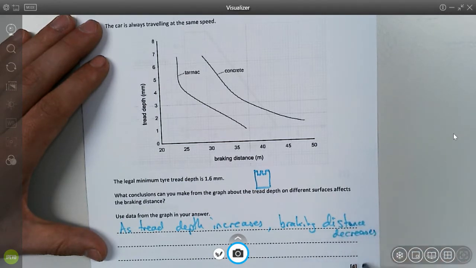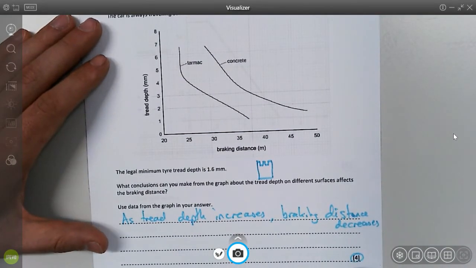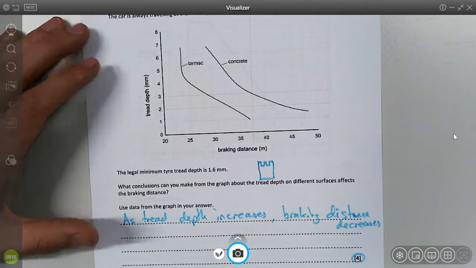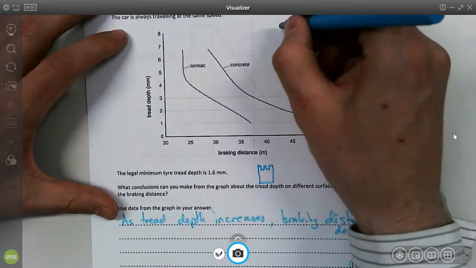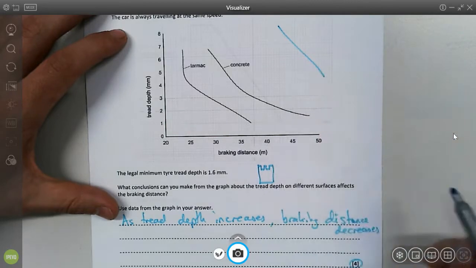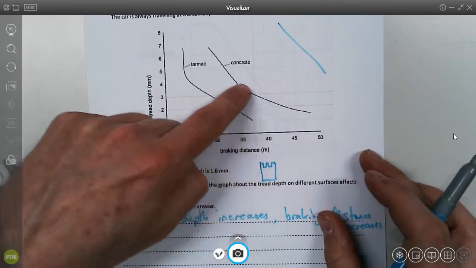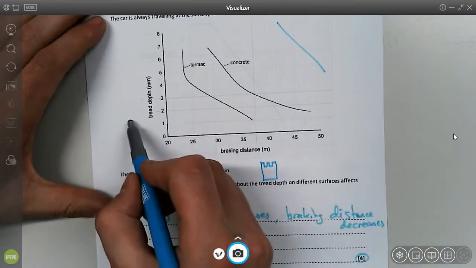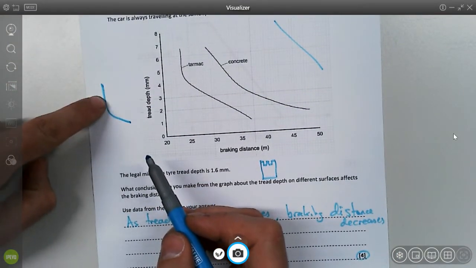Now, it's obviously a 4-mark question. We've got to be really clear that it's 4 marks. So what else can we write? Well, it's not as simple as just saying if one thing increases, the other thing decreases. We can see that actually there's a bit of a shape here. There's this kind of bent shape for both of them.